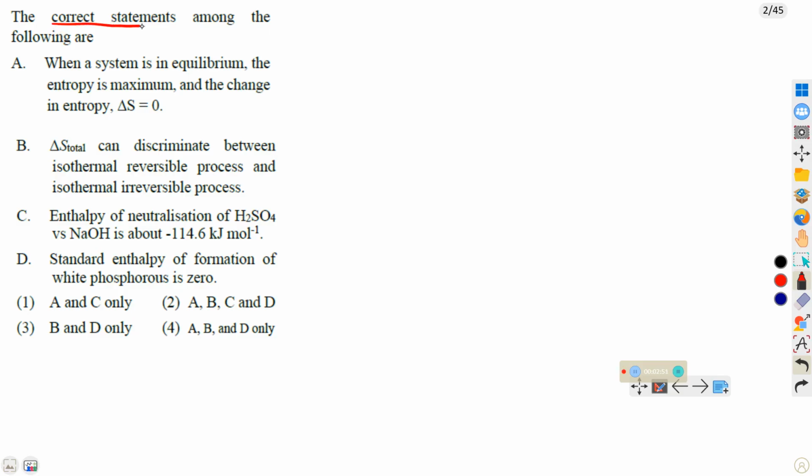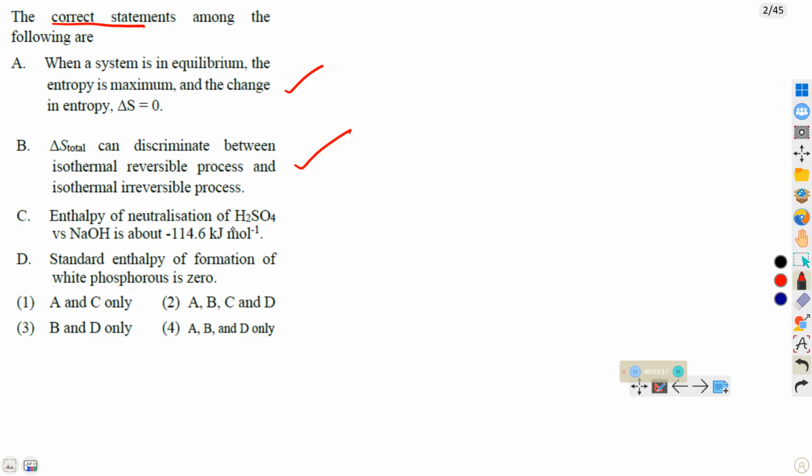The correct statements among the following are: when a system is in equilibrium, the entropy is maximum and the change in entropy delta S is equal to 0. Correct statement. Delta S total can discriminate between isothermal reversible process and isothermal irreversible process. This is also correct.